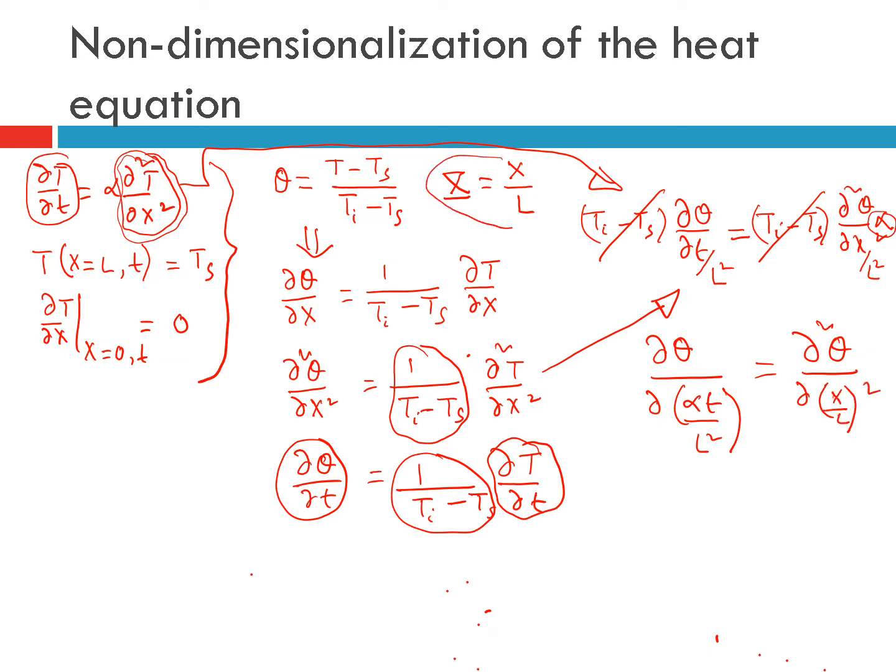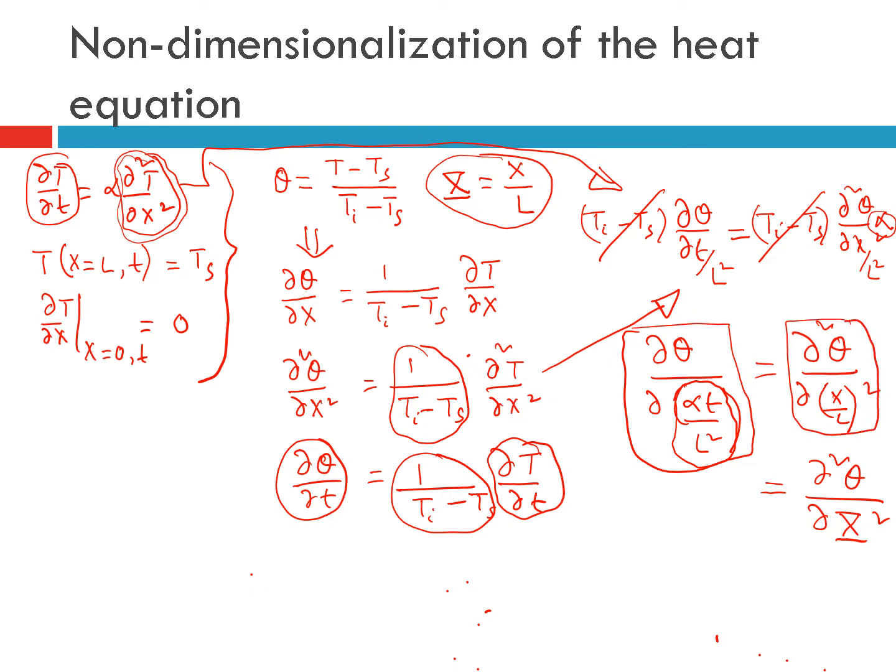In terms of these non-dimensional quantities, the right hand side is equal to del square theta del X square, and the left hand side is also non-dimensional, because the right hand side is non-dimensional. So since theta is non-dimensional, alpha t over L square has to be non-dimensional, and so I define tau to be alpha t over L square. So this tau is non-dimensional time.